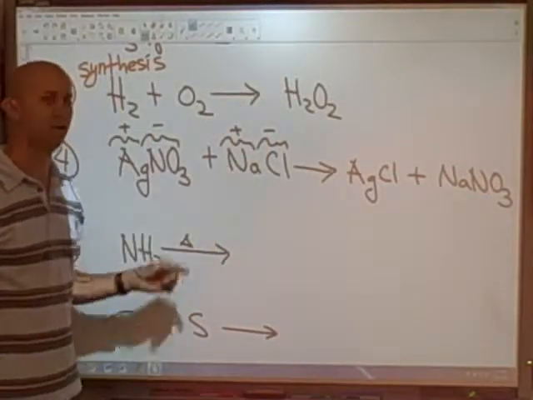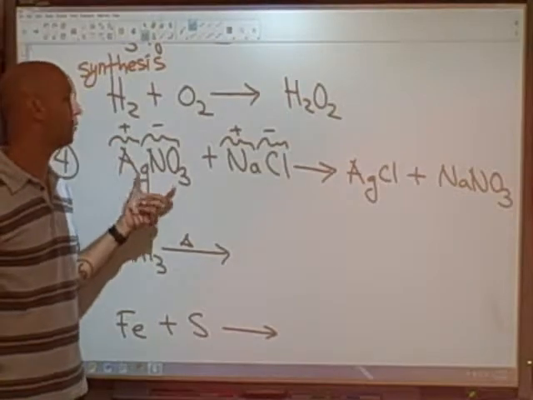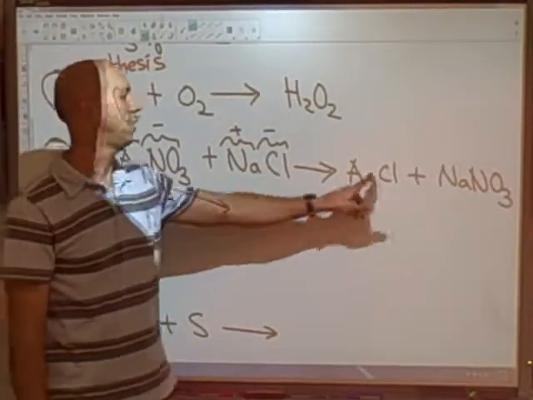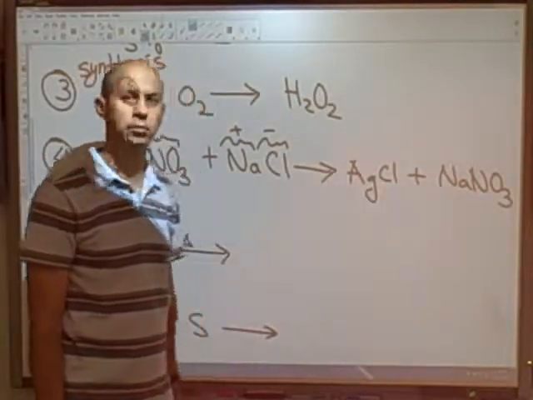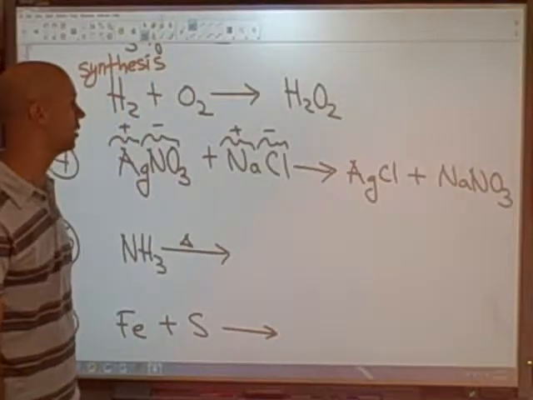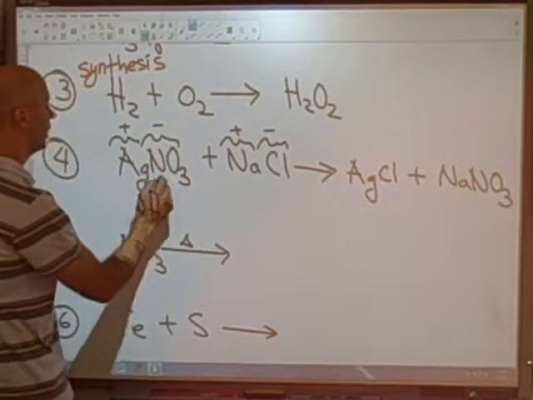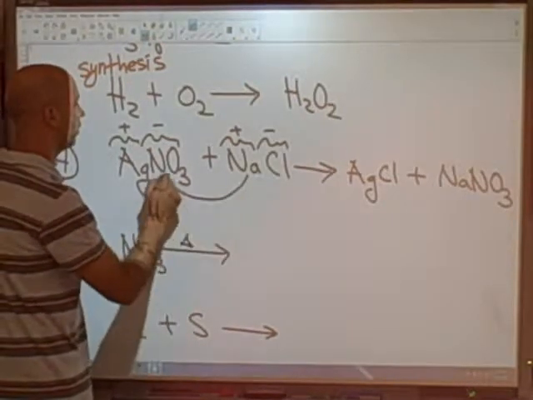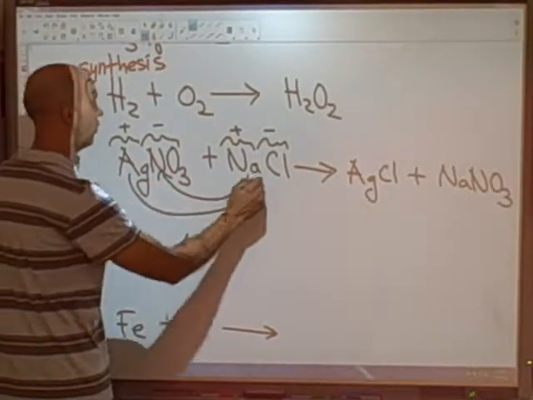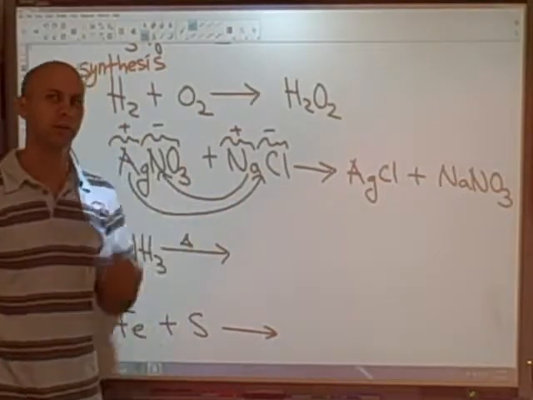Since all the ions in this group have a positive or negative charge of one, I don't have to carry any subscripts over to complete the reactions. So since I've moved 2 different things, this guy went with this one, and this guy went with this one, this is called a double replacement.